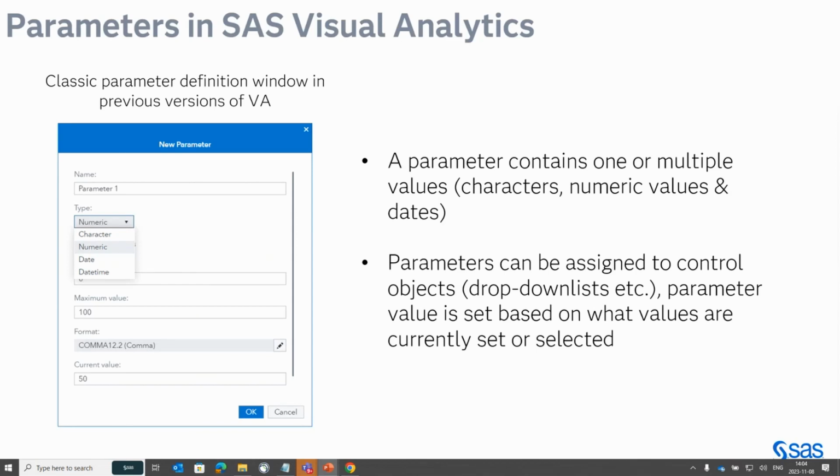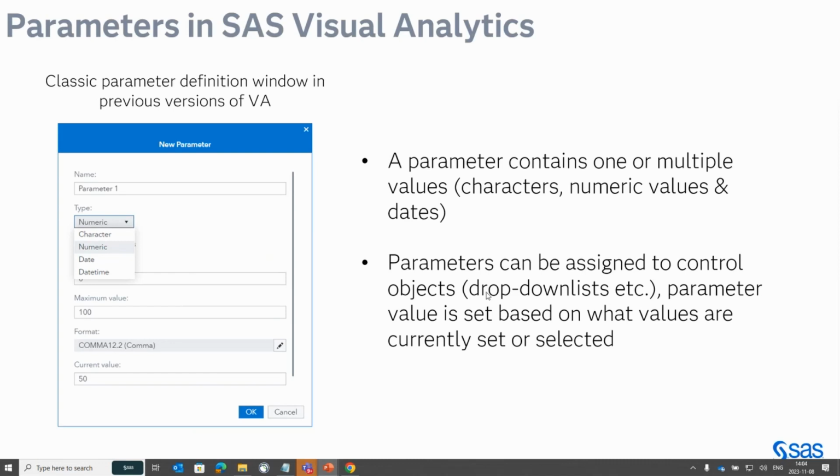Previously, when we have defined parameters, you recognize this window. You can define a parameter, and it could contain one or multiple values, such as characters, numeric values, or dates.